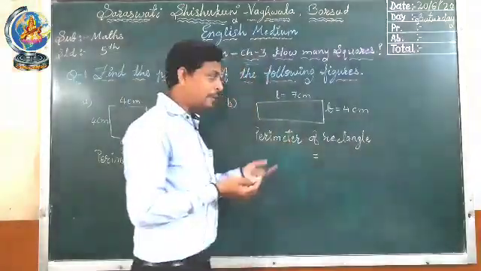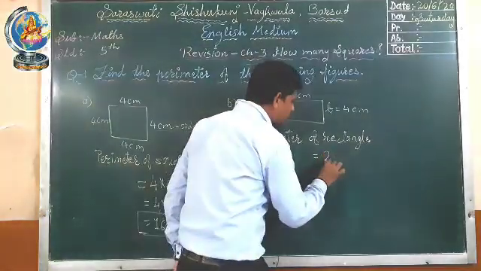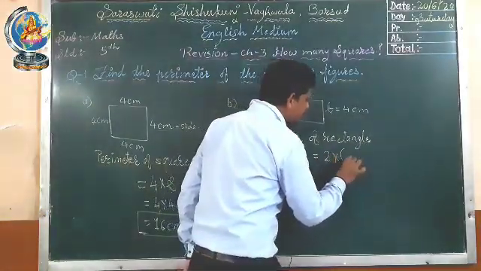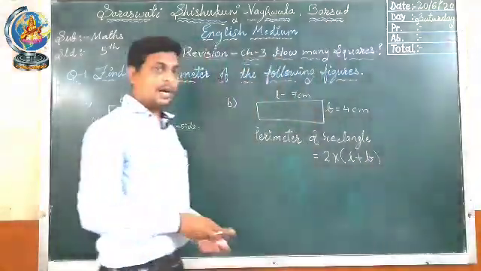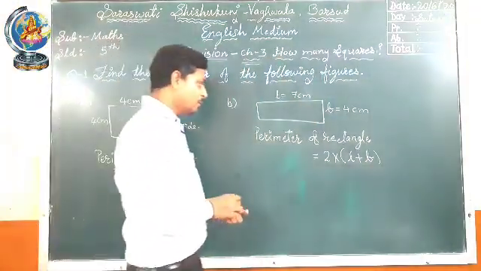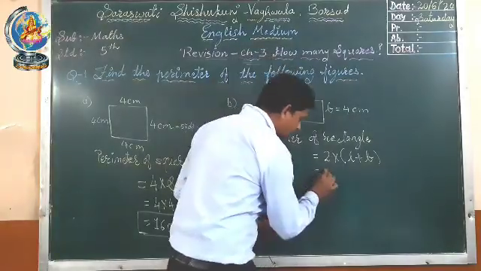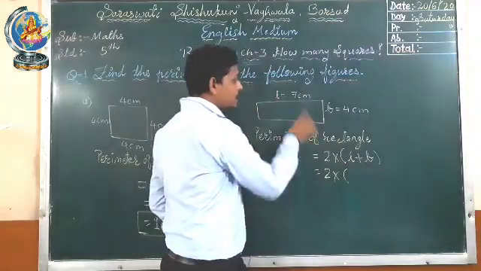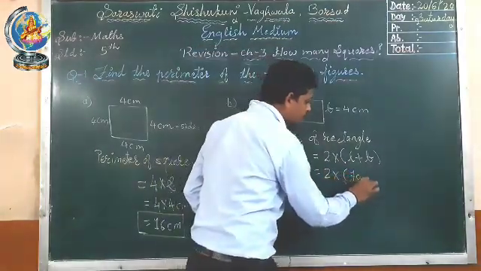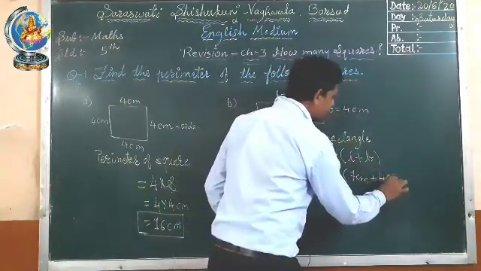what was the formula for finding perimeter of rectangle? 2 multiplied by bracket L plus B. Now, we will place their values. 2 multiplied by, what is the value of L? L is equal to 7 centimeter plus B is equal to how much? 4 centimeter.